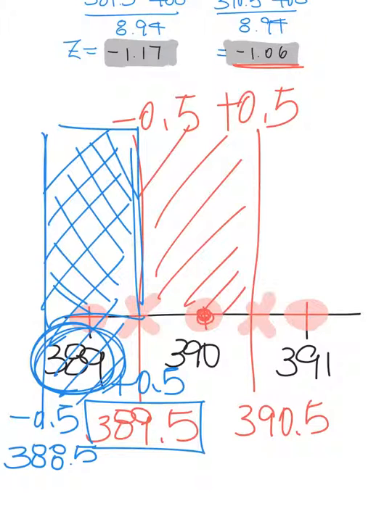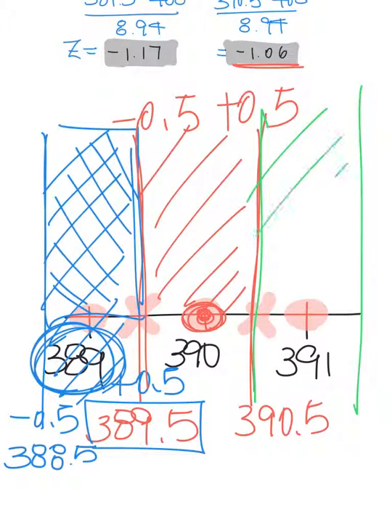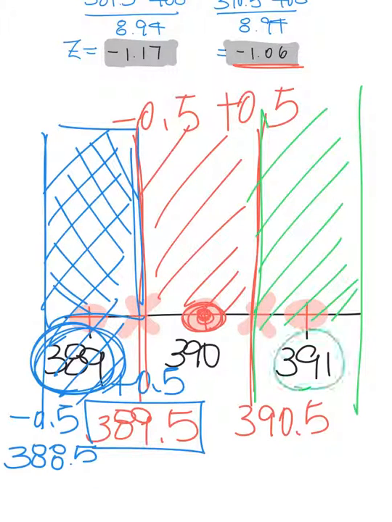We took the probability at 390 in this area, because we have to take the probability from the continuous normal distribution. And the next one, from here to here, must be for 391.